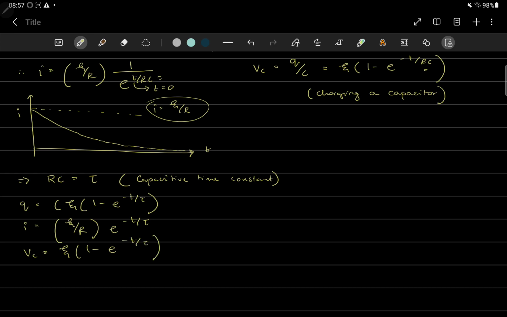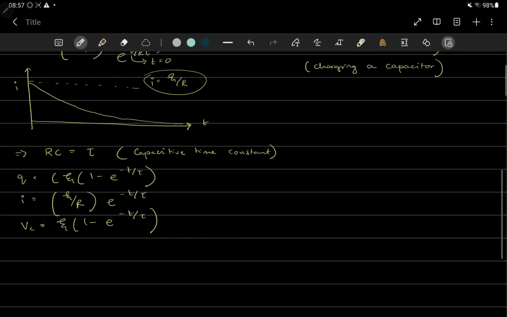Okay, and the reason why this is really important is because when tau is RC, which is equal to the time, meaning you are at the time constant, you get a sort of cutoff stage. That means it gives you a certain number, right? Because when tau is equal to t, you get a 1 over here.